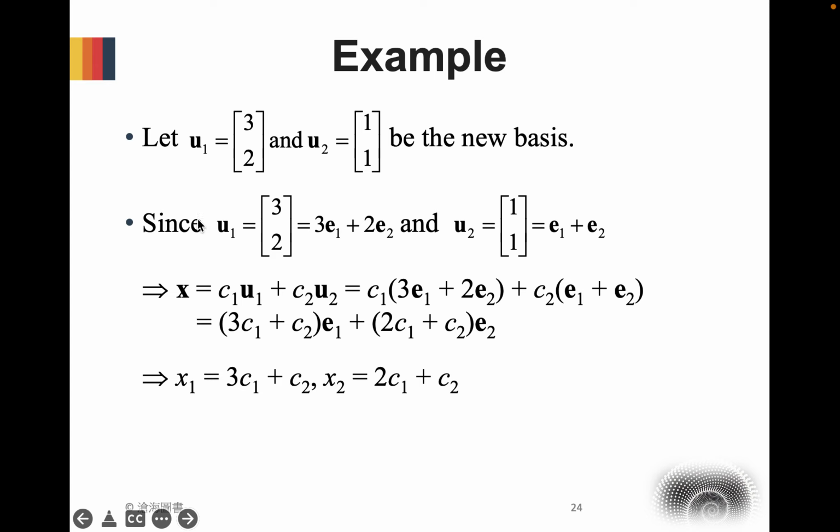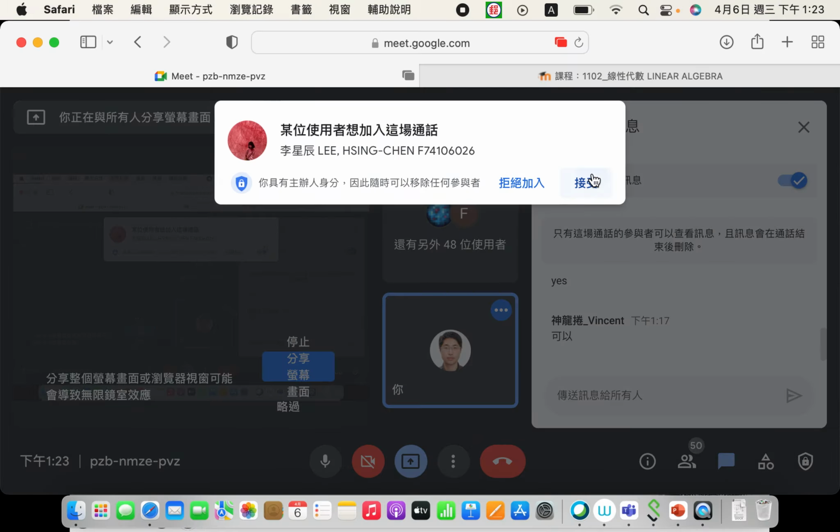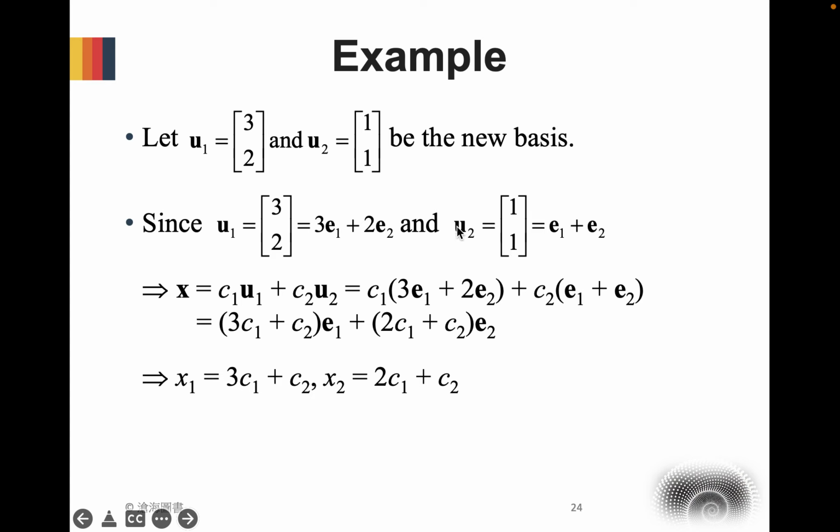We can represent u1 as 3e1 plus 2e2, because any vector in a two-dimensional space can be represented as a linear combination of the standard basis e1 and e2, right? And we can also represent u2 as 1e1 plus 1e2.